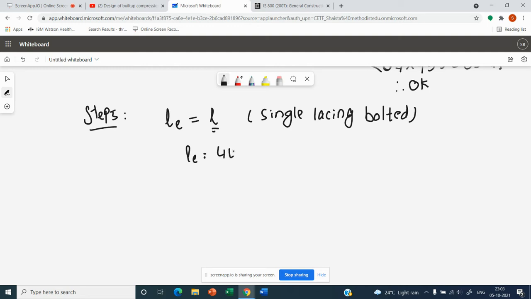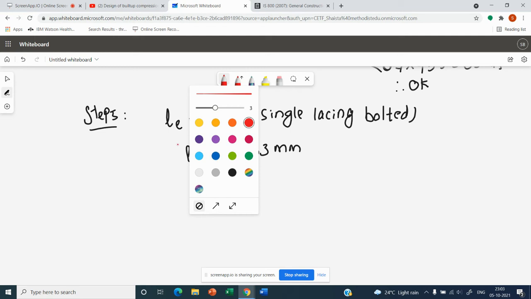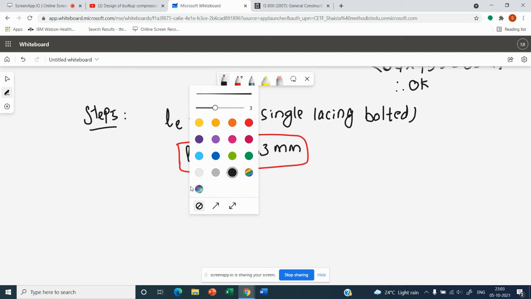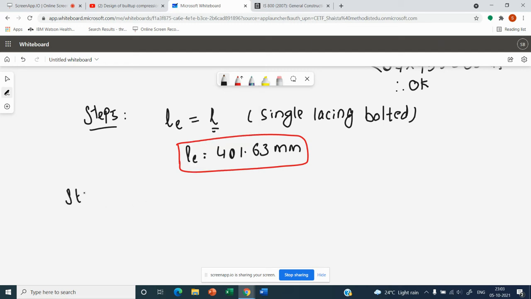That is 401.63 mm, which you got in step 3. Fine. Step 5 is also over. Now step 6.